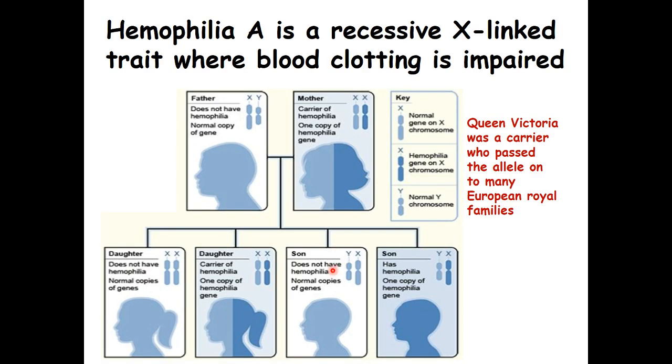Now here's an example showing you why these diseases are more prominent in men. Hemophilia is X-linked, which means the gene is located on the X chromosome, right? So you usually have a father that looks normal, so normal X, normal Y. But the mother can be a carrier, meaning she looks perfectly normal.